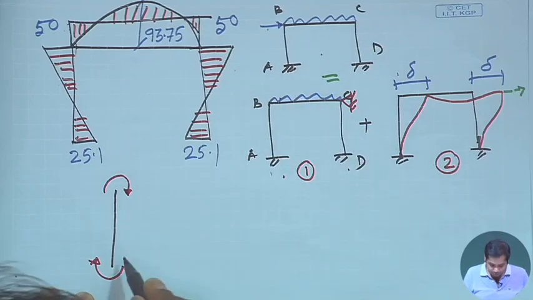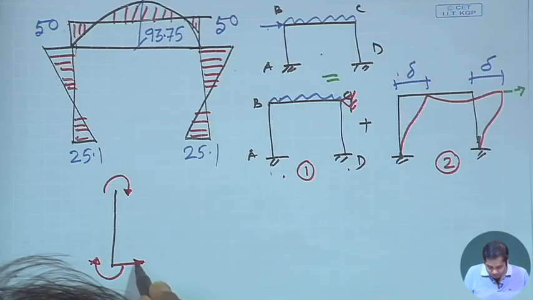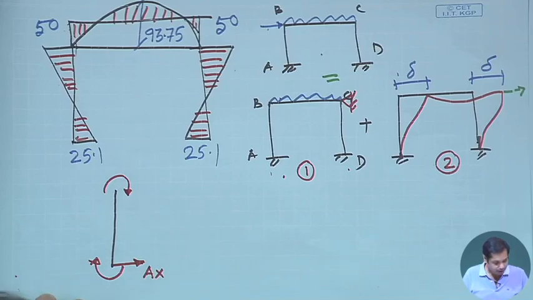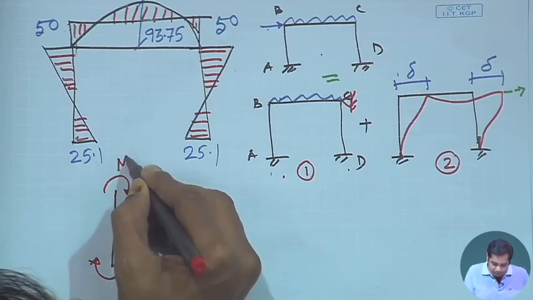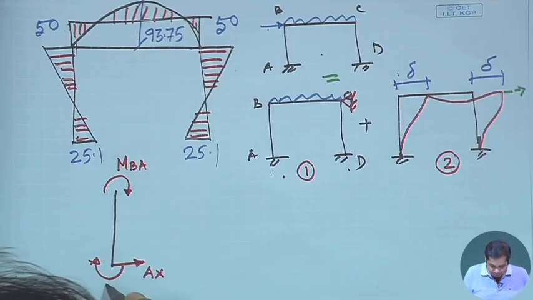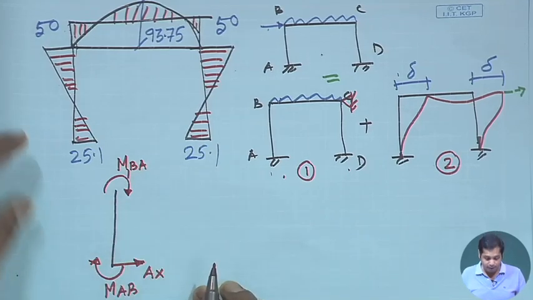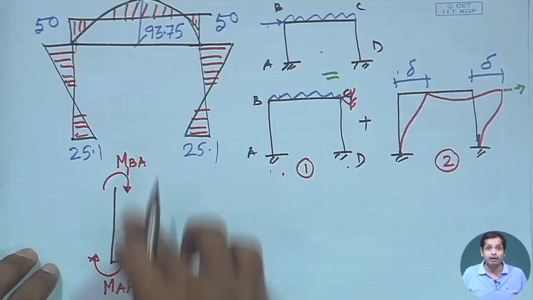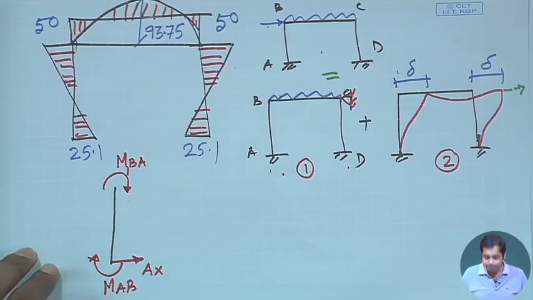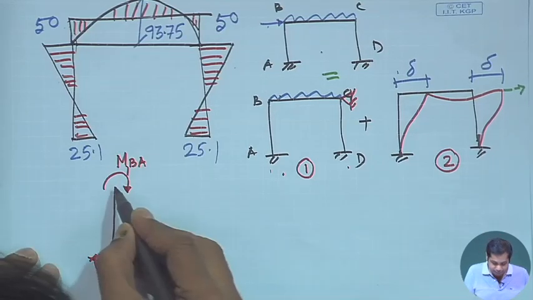So, there will be a reaction force, and suppose the reaction is Ax. Okay. So, this moment is MBA and this moment is MAB, meaning moment at A in member AB, and this is moment at B in member BA. Okay. And then we will also have a shear force here.